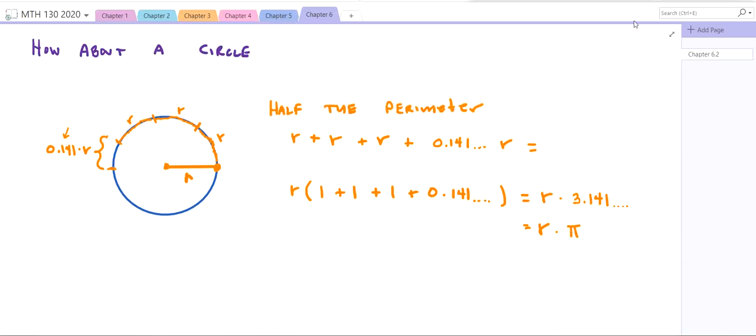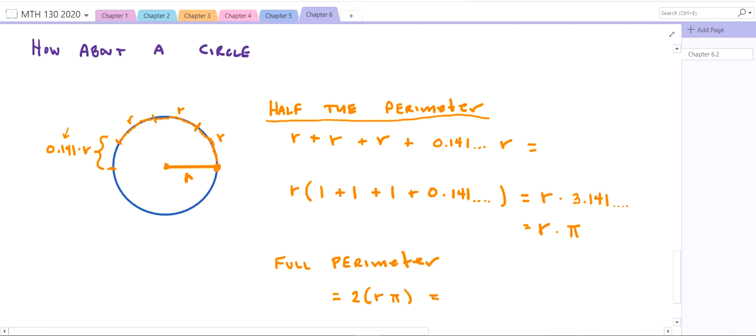So this is half the perimeter. It's not the full perimeter. So if I want the full perimeter, I need to multiply this by 2. Often we say 2 pi r.